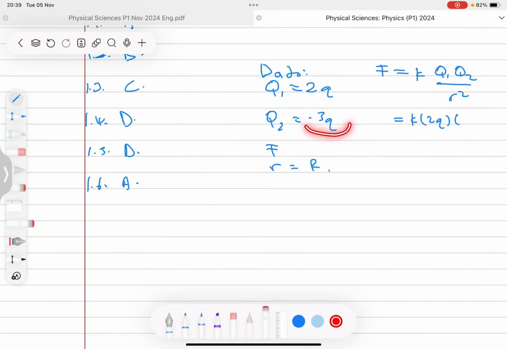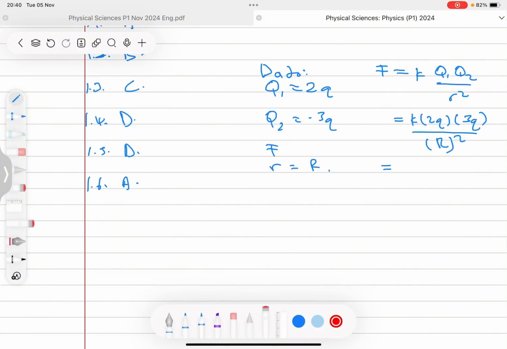Remember that when we substitute into this equation, we only take the magnitude of the charge, not whether it's positively or negatively charged. So I'm going to put 3Q here, and then our distance is r, the big R squared.